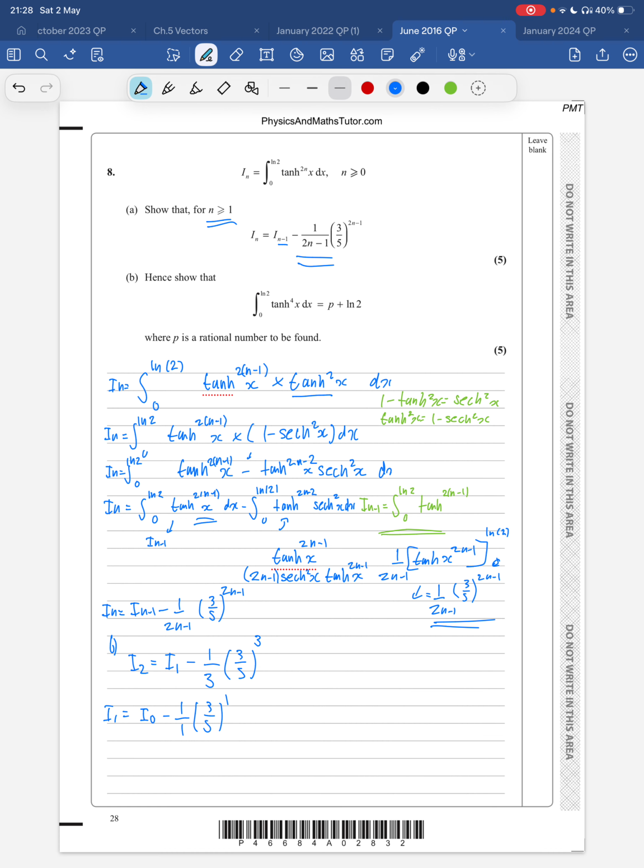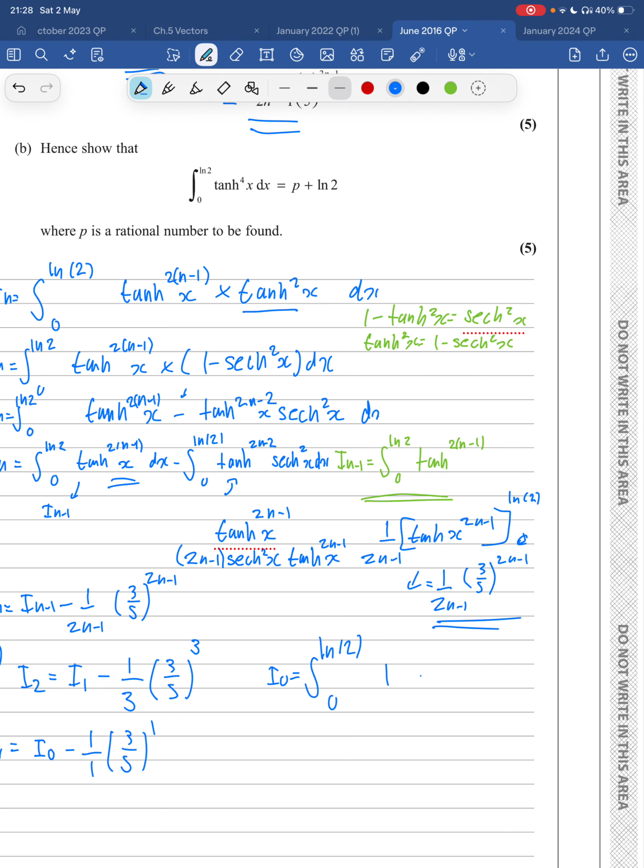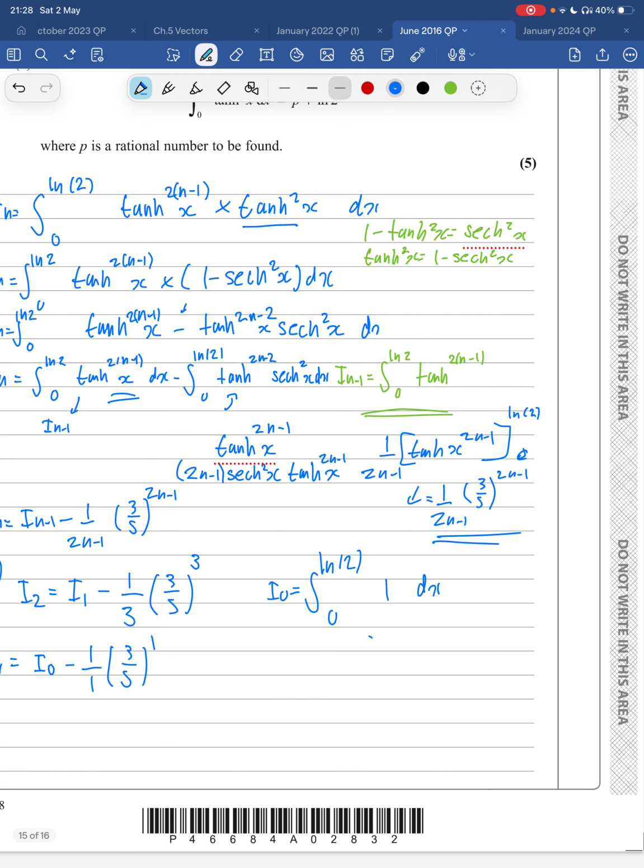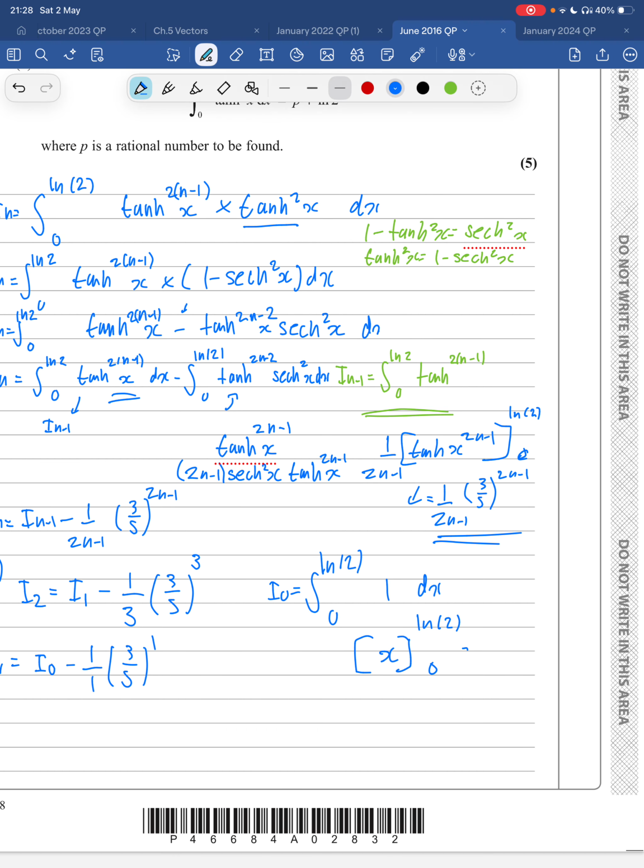However, we've got our equation in the beginning, this one right here. So let's plug in n equals 0. I_0 is going to be equal to the integral from 0 to ln 2 of tan^0 x, and we know that anything to the power of 0 is equal to 1. So that's just going to be the integral of 1 dx. Integrate that, we get x with the limits ln 2 and 0, which is just equal to ln 2.